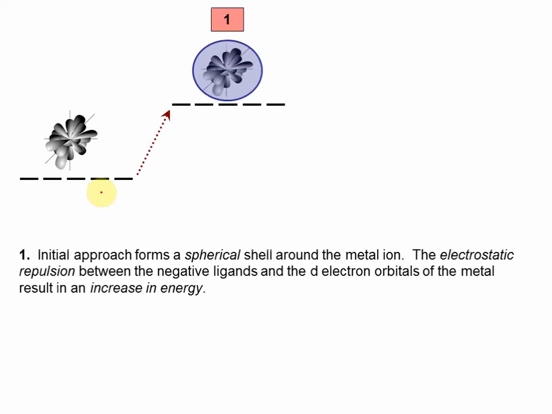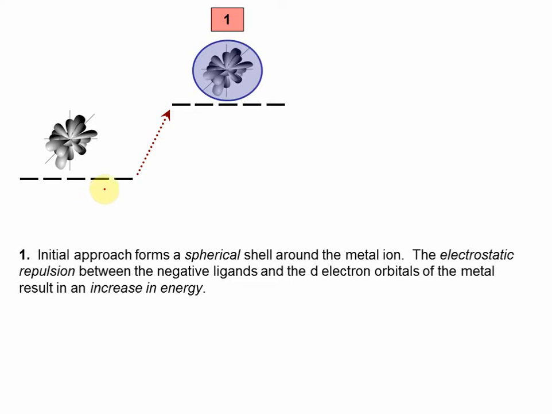But now imagine an initial approach from a spherical shell around the metal ion, and it has this negative charge to it. So the electrostatic repulsion between the negative ligands and the d electron orbitals of the metal ion results in an increase in energy.